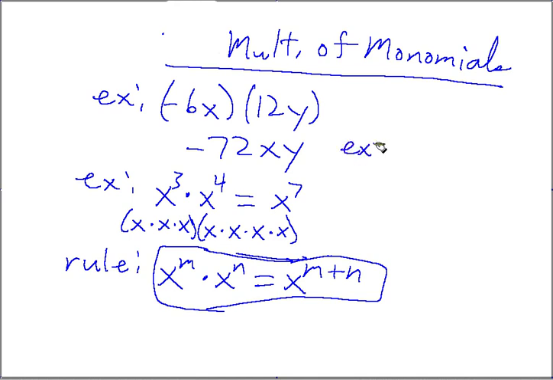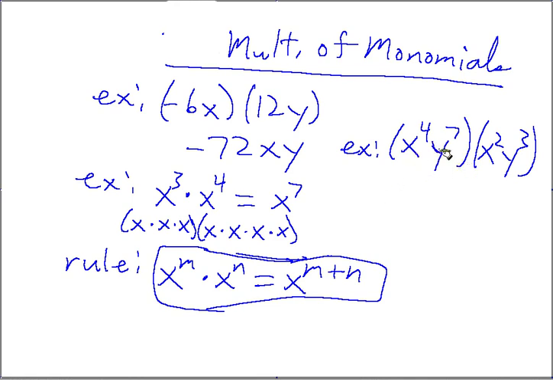Alright? Let's try this problem then. Let's take a look at, for example, how about x to the 4th, y to the 7th times x squared, y cubed. So let's try this one. Again, here we just add up the corresponding exponents. Now you can do this in your head again, but I'll show you one additional step here.